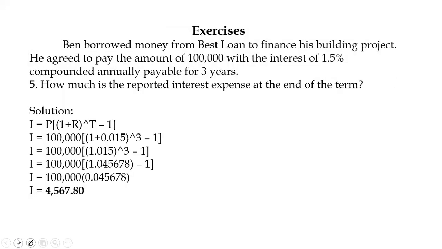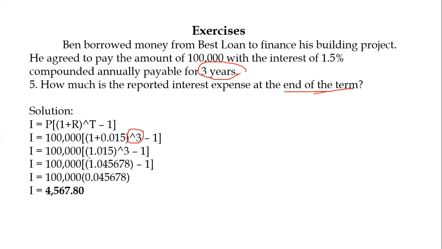All right. Number 5. How much is the reported interest expense at the end of the term? Here they ask for the end of the term, which is 3 years, because that is what they agreed on. Payable for 3 years. The process is the same. The only thing that changes is the exponent.